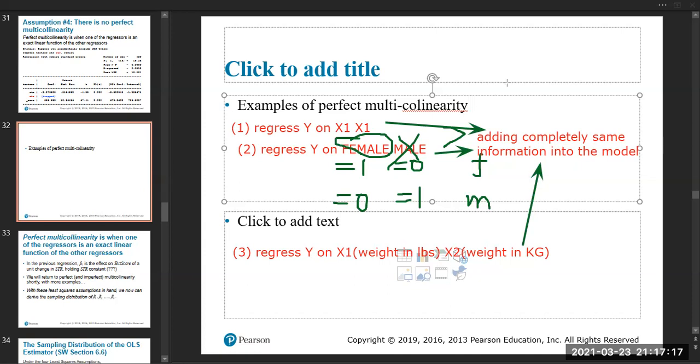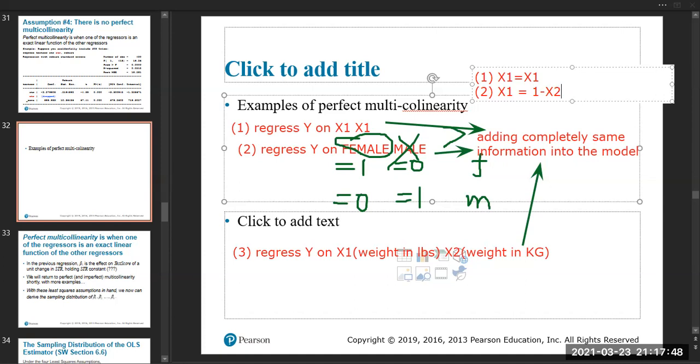So they all have linearity problems, and if you want to write it down in mathematics, it looks like this. In the first one, x1 equals x1. In the second one, x1 equals 1 minus x2, because when x1 is 1, x2 is 0, and when x1 is 0, x2 is 1.